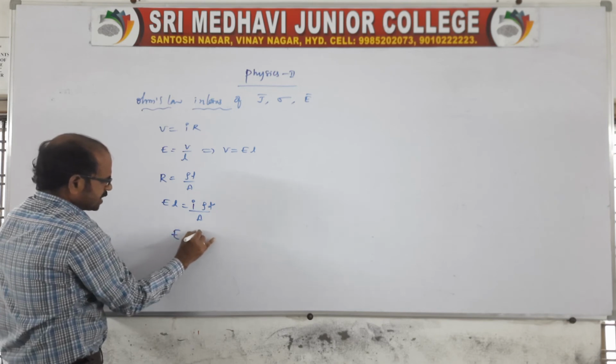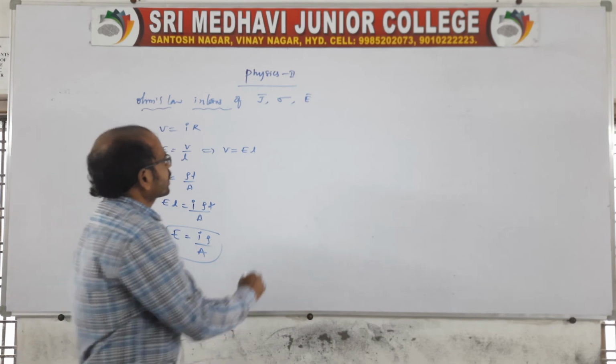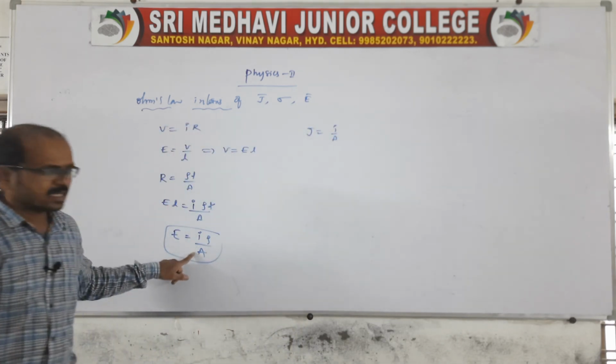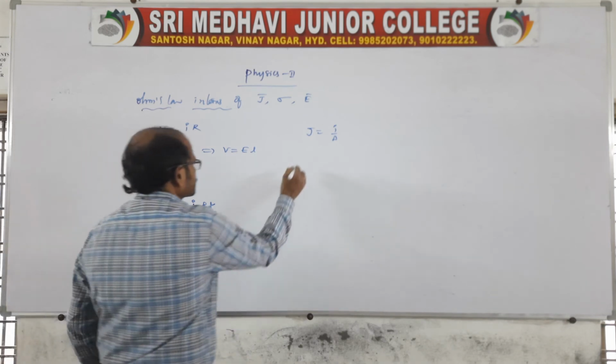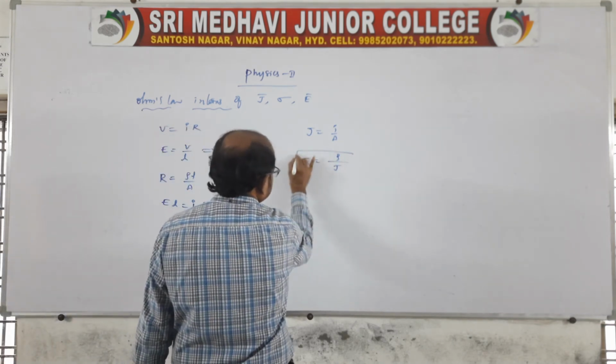E is equal to I rho by A. But we know J is nothing but I by A. Therefore, replacing I by A with J, E is equal to rho J.